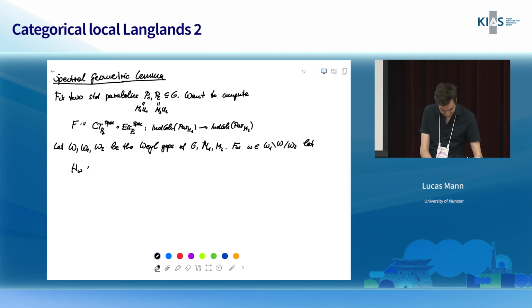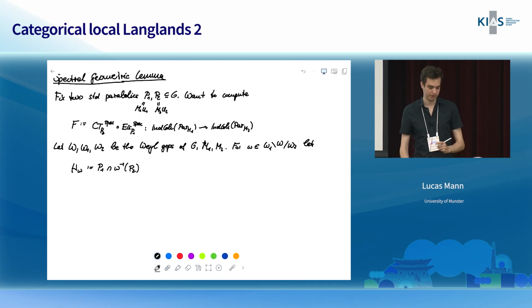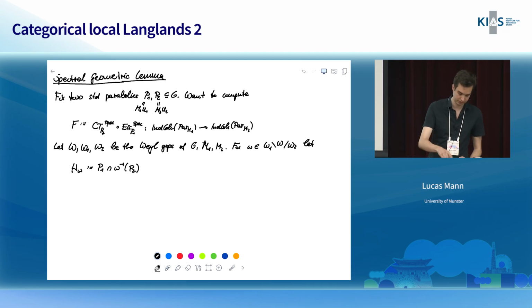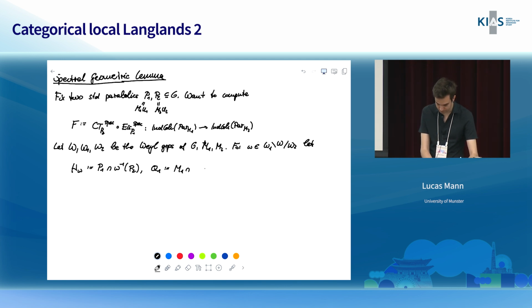So this H_W is just P1 intersected with W inverse P2. So this is the stabilizer of the Bruhat cell associated to this W by the Bruhat decomposition. I will write this in a second. And then Q1 is just M1 intersected with W inverse P2. And Q2 is equal to W P1 intersected with M2.